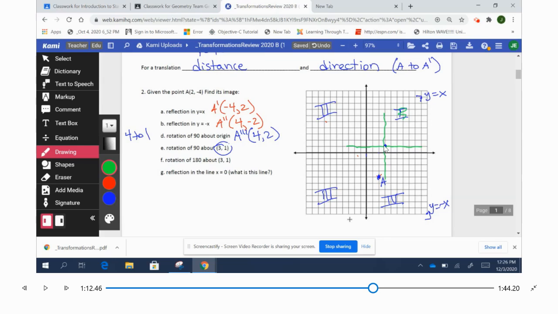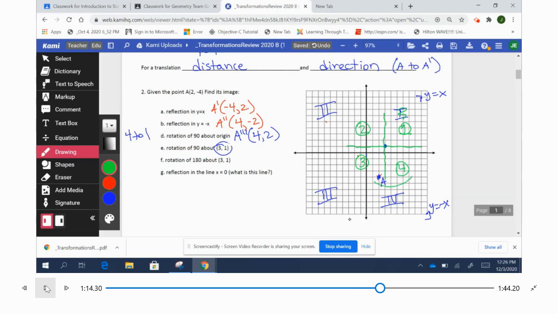To move 90 degrees, it's going to act like the third quadrant in this green axis. It's going to travel over to here. So I'm going to switch it. I'm going to go right 5 and down 1 to move it one quadrant.